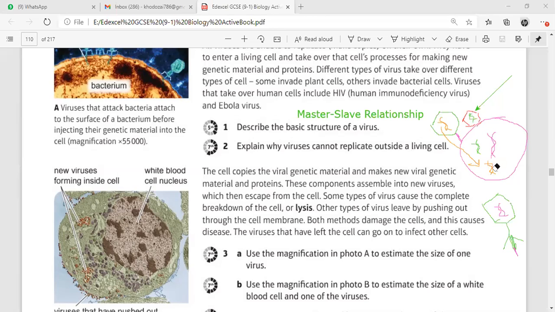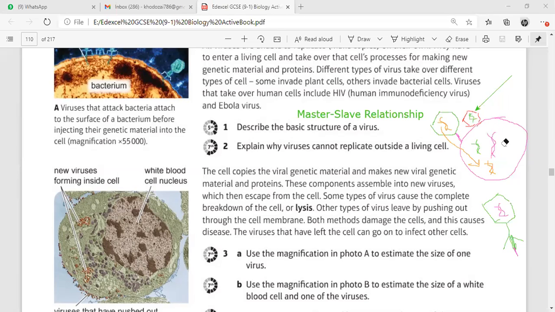Once this RNA or DNA enters the host cell, what will it do? It will take over the nucleus or DNA of the host cell. Any problem now? No, it's fine now.